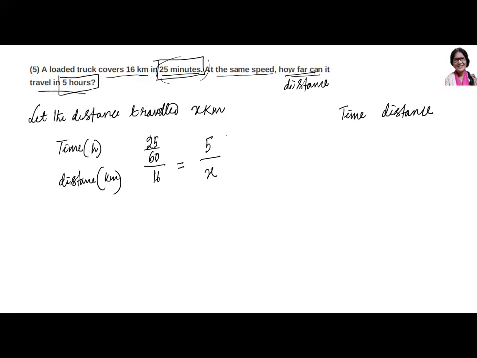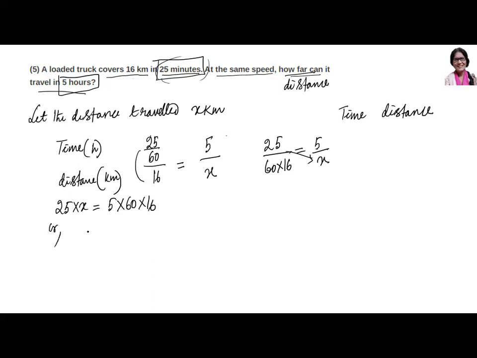Okay, so how to write this ratio? It will be 25 upon 60 into 16 is equal to 5 by X. So now cross multiply. It will be 25 multiplied by X is equal to 5 multiplied by 25 upon 60 multiplied by 16.